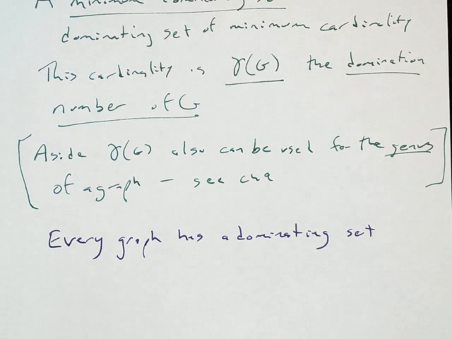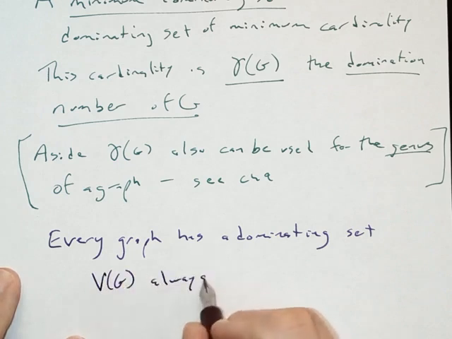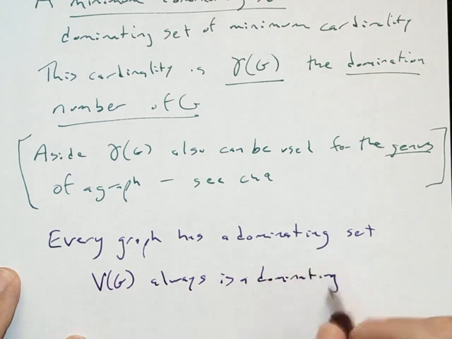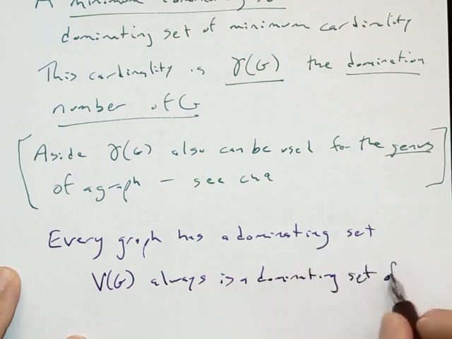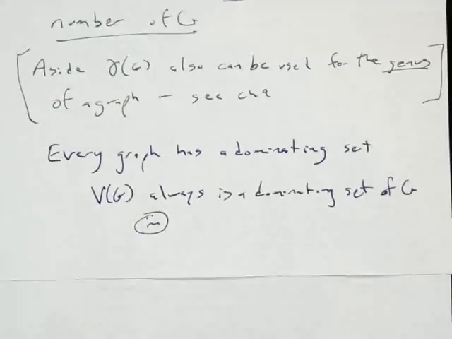I just take all the vertices. But I agree with you. That is lame. Come on. So I know I have a dominating set. The question is, can I find a smallest dominating set? Can I find this minimum dominating set?